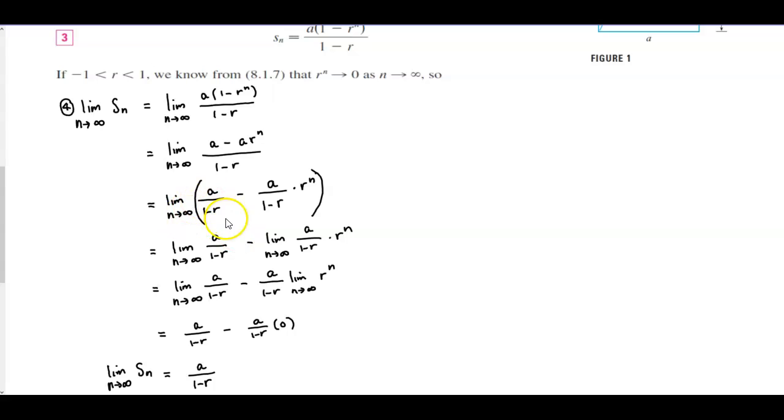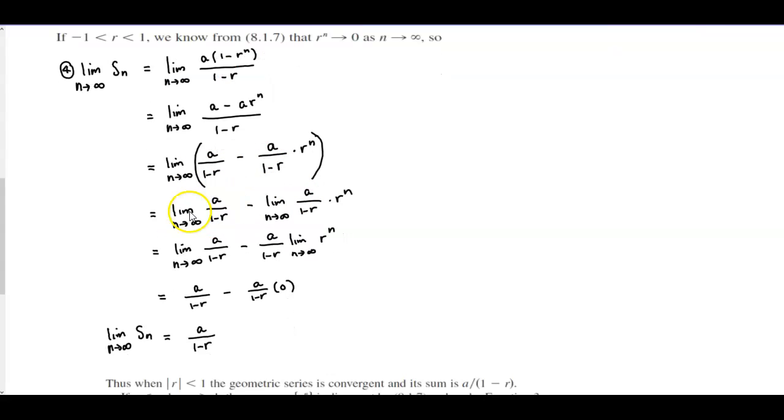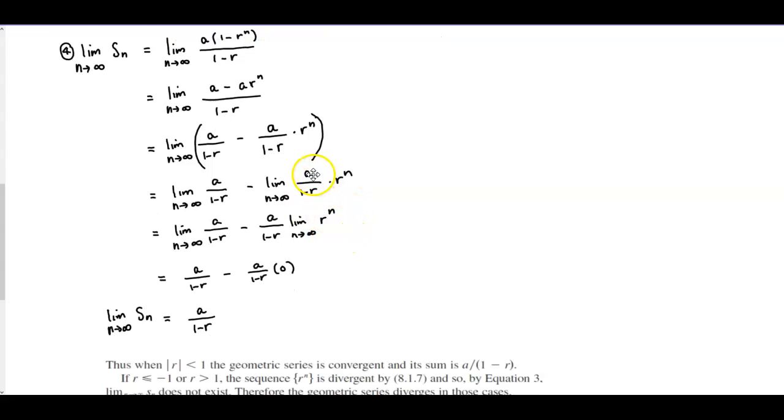Now we can take the limit of both of those since it's a subtraction. So we can say the limit as n approaches infinity of a divided by 1 minus r, minus the limit as n approaches infinity of a divided by 1 minus r times r to the n. Now a over 1 minus r is a constant, so we can factor that out.